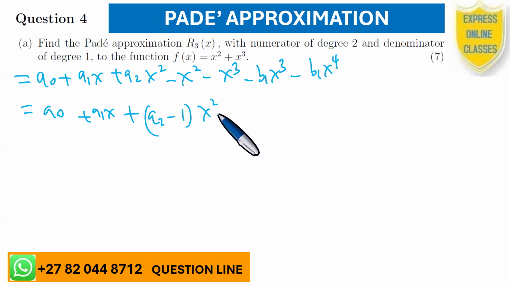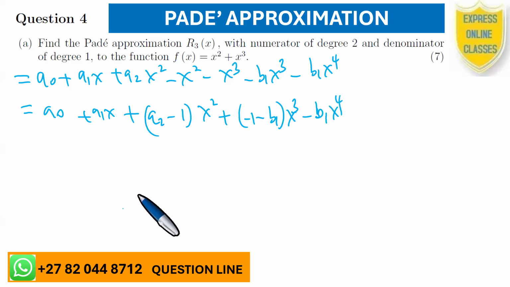The cubics are two of them, so it's minus 1 minus b1 x cubed, minus b1 x to the 4th power. Okay, but obviously this is equal to 0. Equal to 0 means it is 0 plus 0x plus 0x squared plus 0x cubed plus 0x to the 4th power.